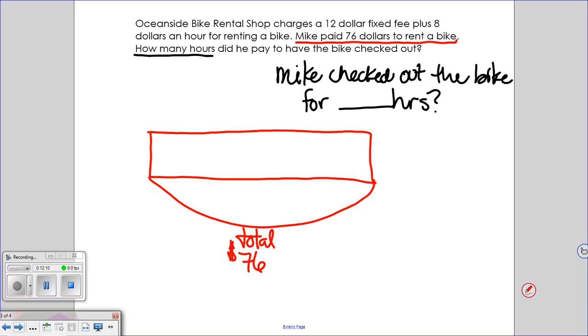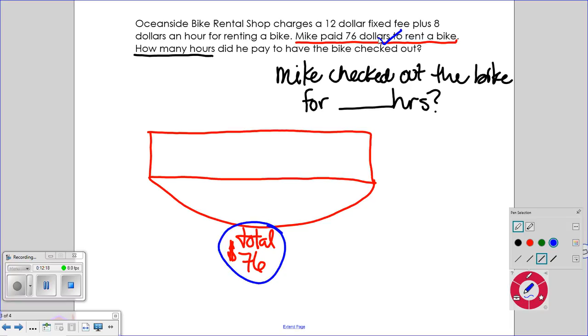Yeah, so let's go ahead and put a check above that sentence because we've done that. We did it right here. He paid $76 to rent a bike. We got that. Done. One part done. What is another thing that we know about Mike in this whole situation?